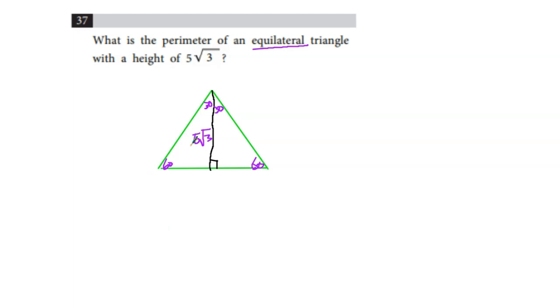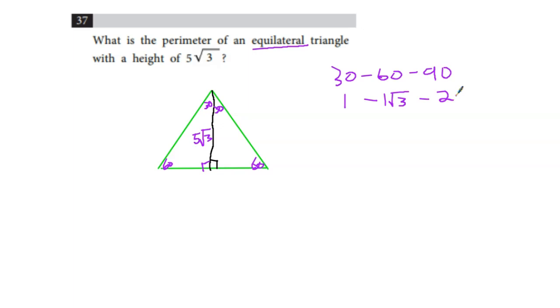But if you also know the special right triangle, because this is a special right triangle, 30-60-90, and you know the ratios. The ratios tell you that here is 1, and then here is going to be 1√3, and here is going to be twice.